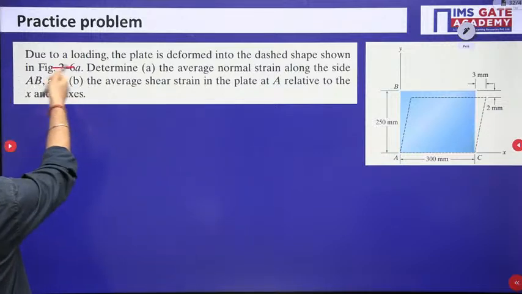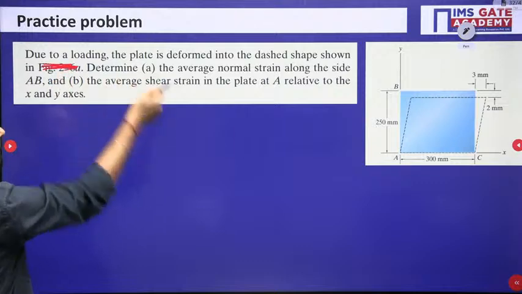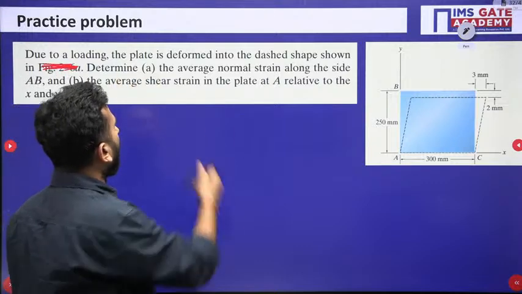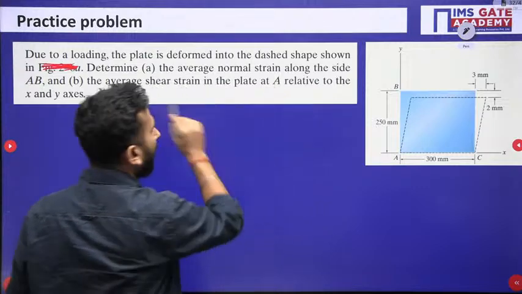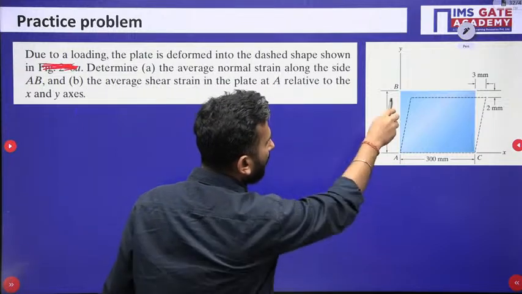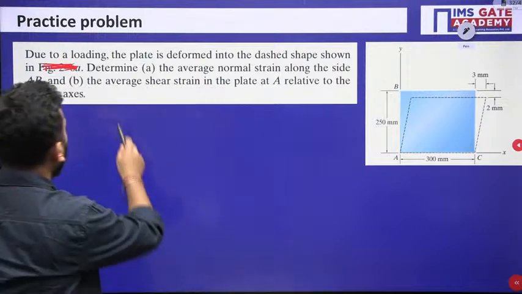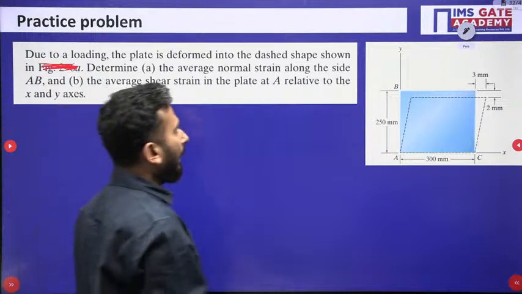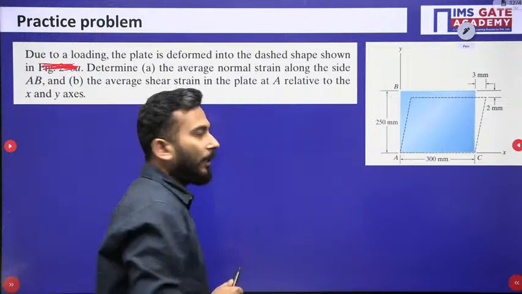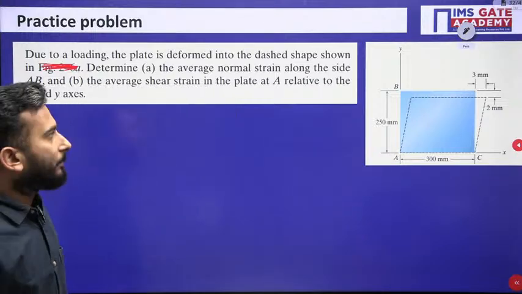Just ignore this one, just refer to the figure. Determine A, the average normal strain along the side AB, that means along this AB side, and B, the average shear strain in the plate at point A relative to the X and Y axes.